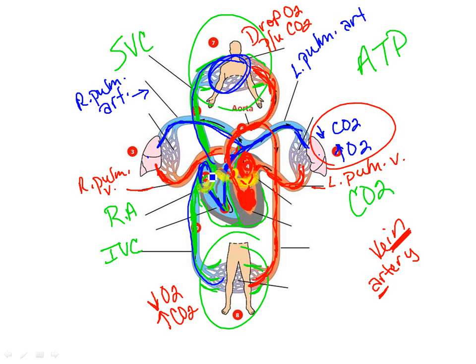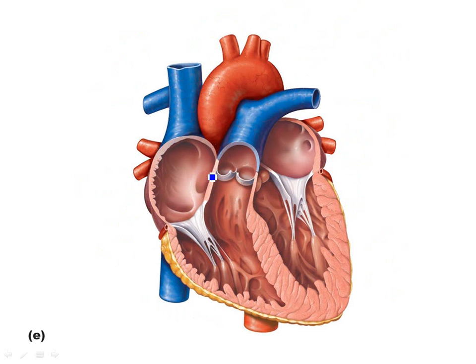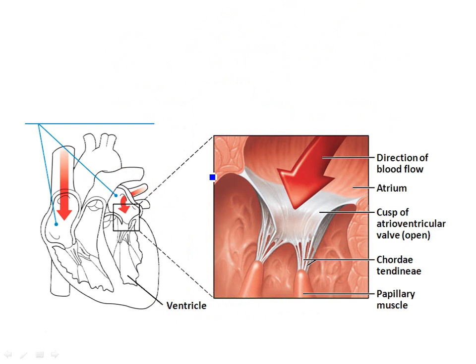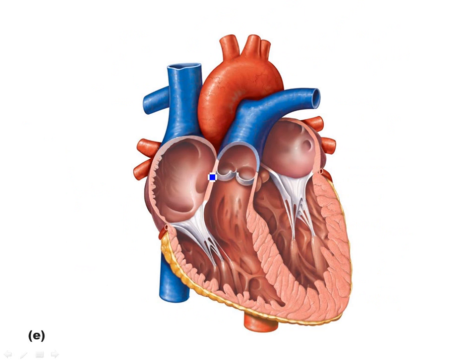All right, let's take a little bit closer look at the structures of the heart now. Whoop, back up, there we go. Okay, so here you see a heart image similar to the heart models that you're going to see in a lab. I'm going to change pen colors again and go back to the green just to make it stand out a little more. So here, you've got your superior vena cava, your inferior vena cava.